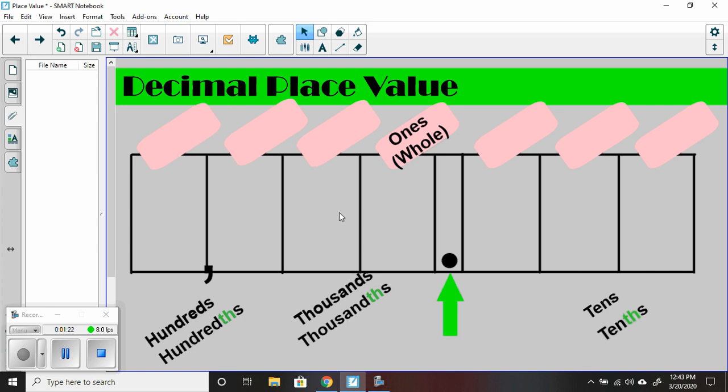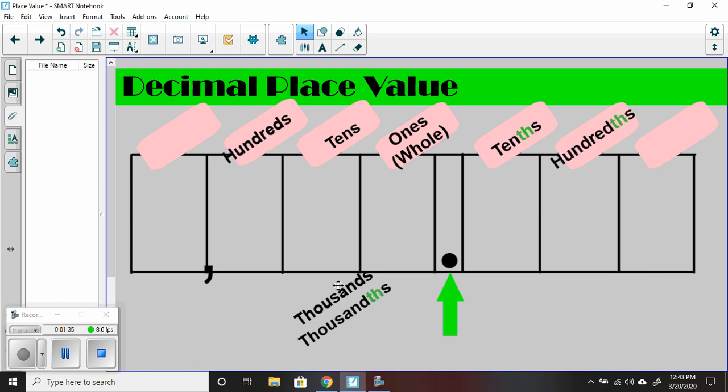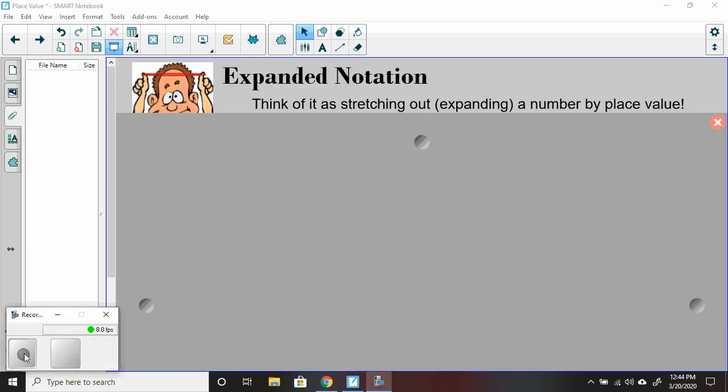So this is the ones place. We know this is the tens place, so its match is the tenths. So we put the tens in, and over in decimals would be the tenths. Same thing happens for the hundreds place and the hundredths, and then the thousands place and the thousandths. I would also pause your video and go ahead and draw this chart down to help you.